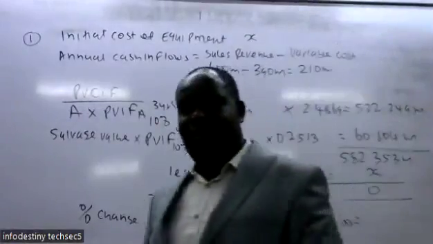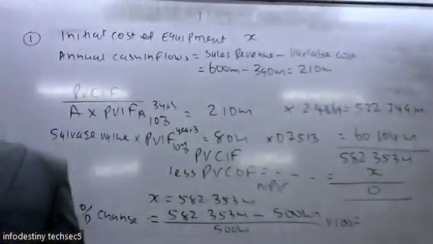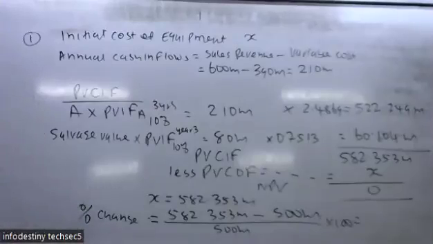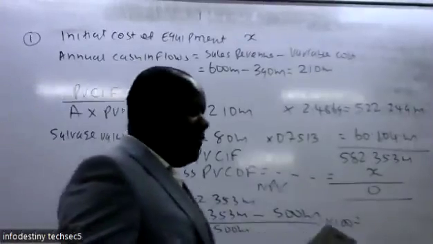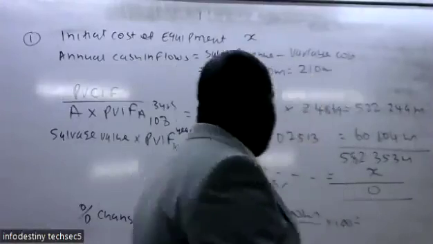So we go to the Roman letter 2. So Roman letter 2 is about what? The scrap value of the equipment.